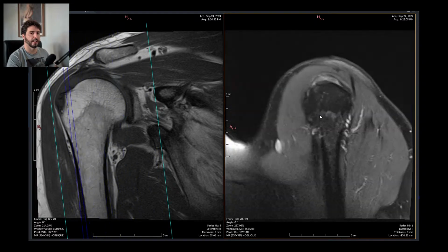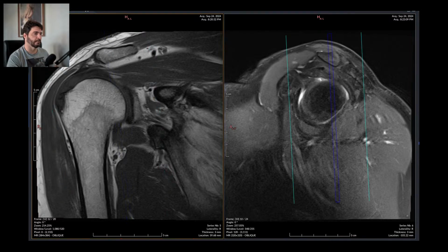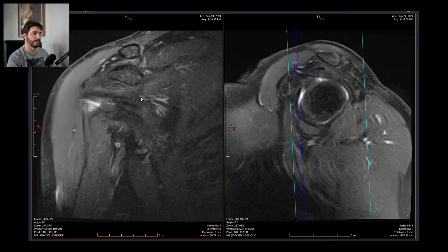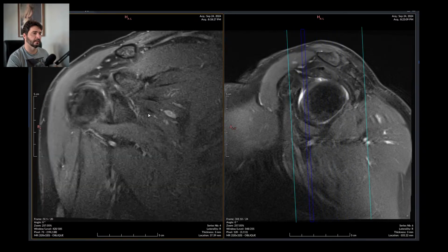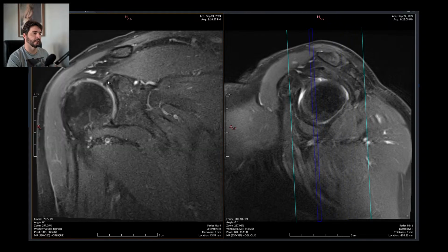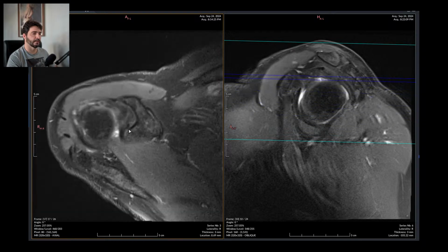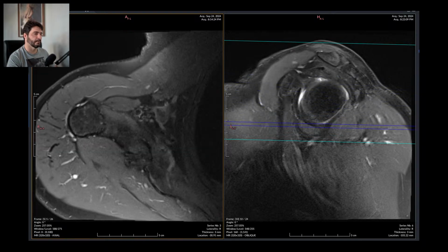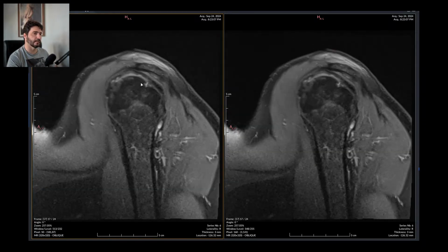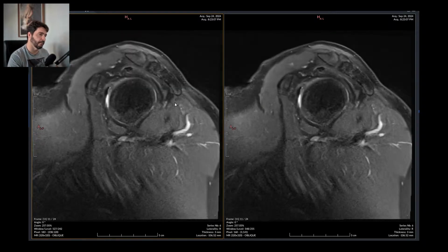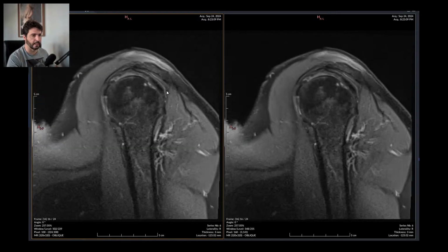So we have the rupture, complete tear of the long head biceps tendon. Also, we have degenerative disease of the labrum. We have some bone edema. We have a severe tendinitis of the supraspinatus tendon. Of course, it's tendon, it's tendinitis.